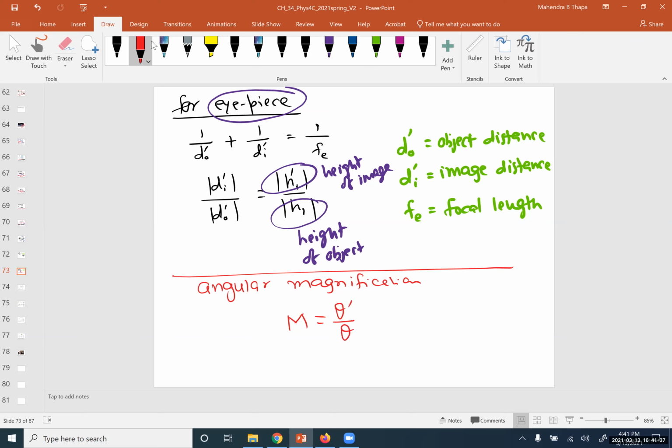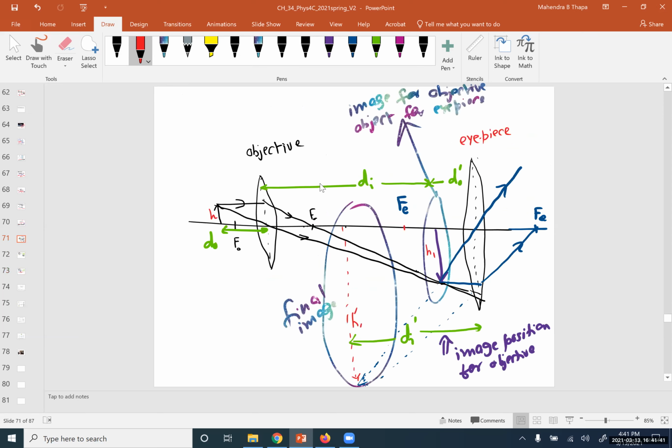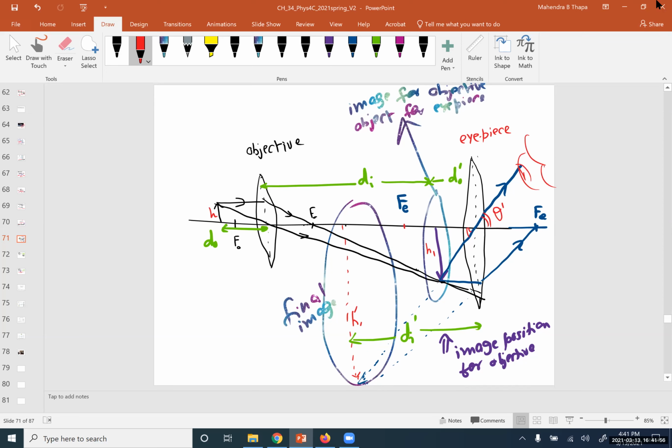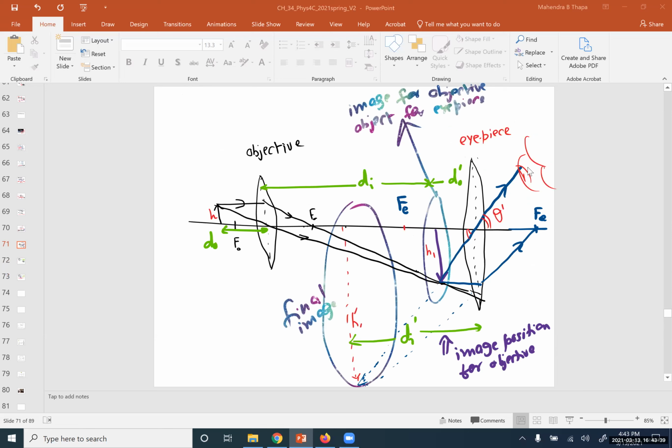Okay, so in the picture, let's say our theta prime is with the eye. Our eye will be here somewhere, very close to the eyepiece. So this angle will be theta prime. So we need to find angle theta prime and theta.